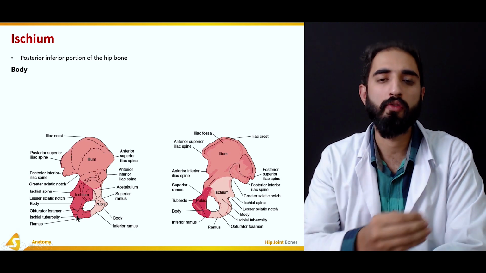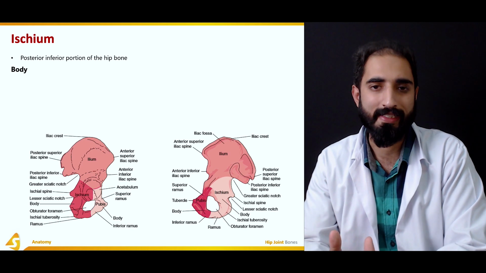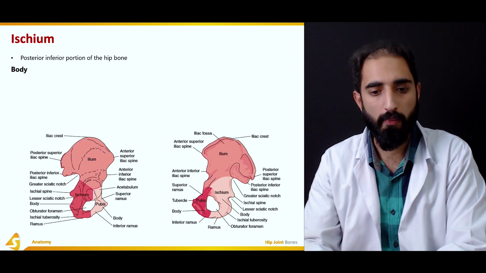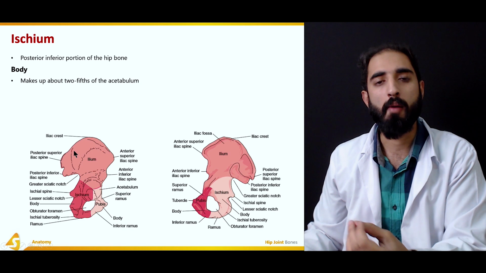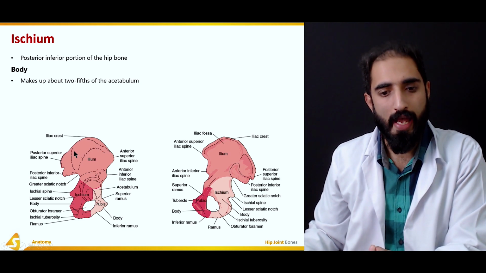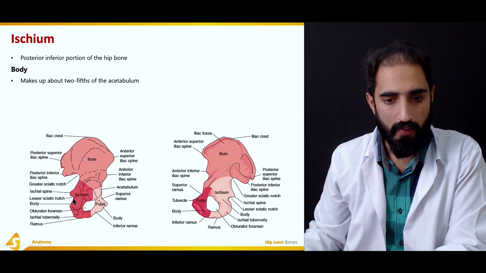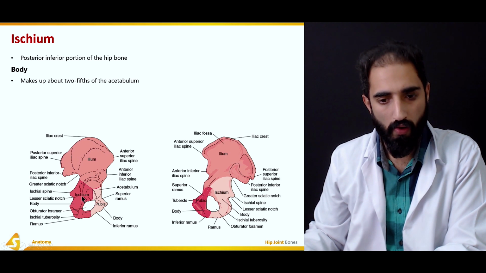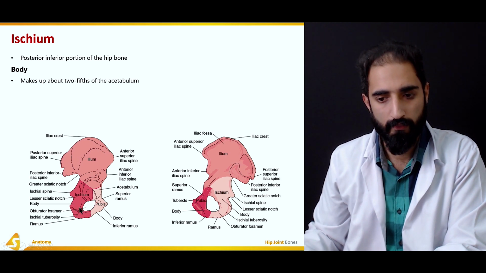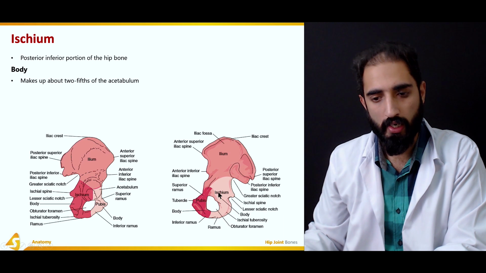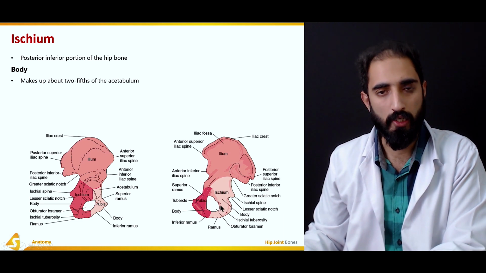Now it has different bony landmarks and structures. One of them is the body. It makes up about 2/5 of the acetabulum, and this here is the body of the ischium. Similarly, if we look at the medial view, this is the body of the ischium.